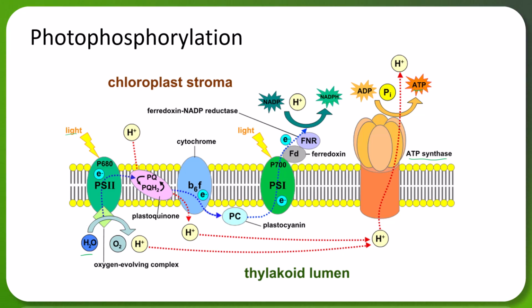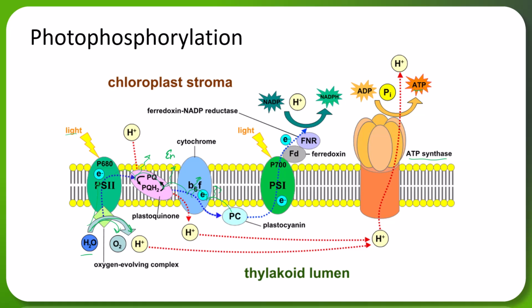Water is going to be split into electrons, oxygen gas, and hydrogen ions. The electrons are brought to a high energy state before they enter the electron transport chain. Once they enter the electron transport chain, they're going to do a series of redox reactions, releasing energy gradually at each step.